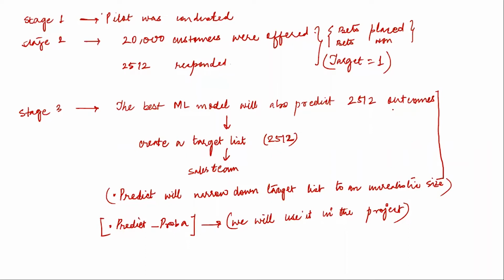But a type 2 error basically is when a customer is a responder but is taken to be a non-responder. So that is something you can't control. So you have to make sure that you minimize your type 1 error, but in order to do that you can't rely only on the predicted outcomes.